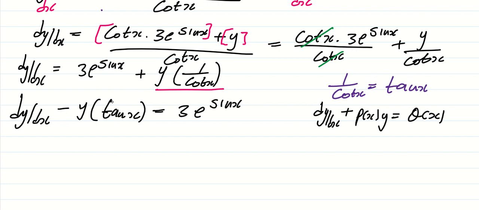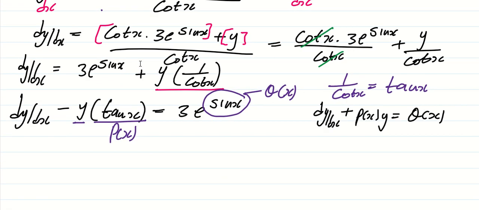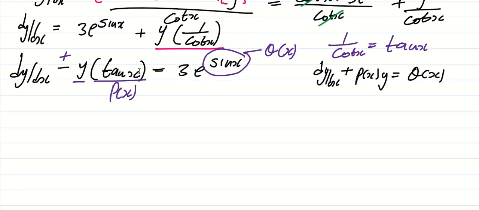This is your q, because they told you that your q should be a function of x. Then also your p is this one. P should be a function of x, and then you've got y there. But that should be a positive.